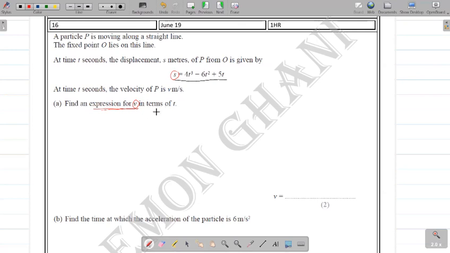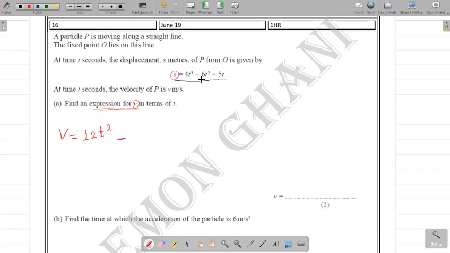Using differentiation. So velocity equals, for 4t cubed, the basic rule for differentiation, the power rule: we multiply the power by the coefficient, then we decrease the power by 1. So 3 times 4, it's 12, t power 3 minus 1, 2.